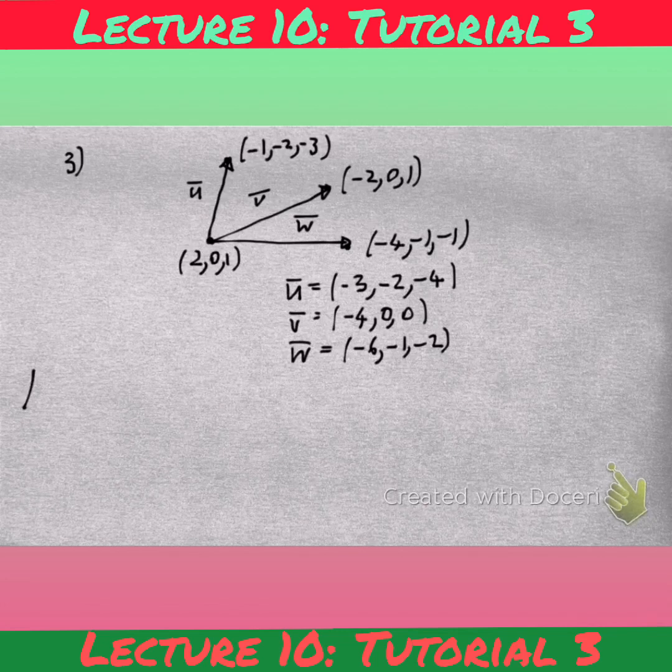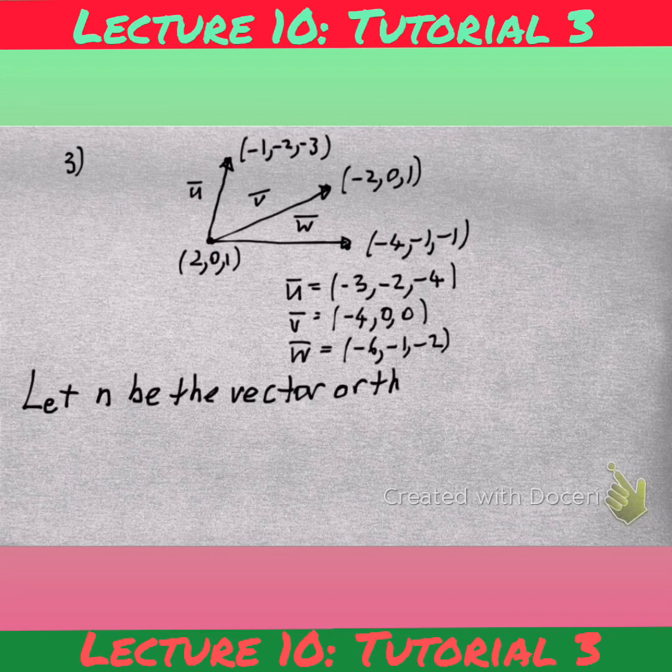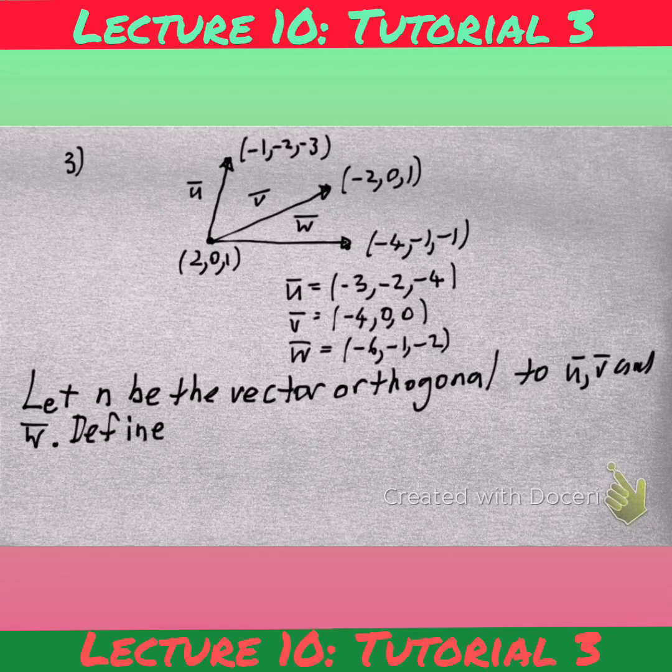Okay, so let n be the vector orthogonal to u, v, and w. Okay, let's see if we can find this vector.